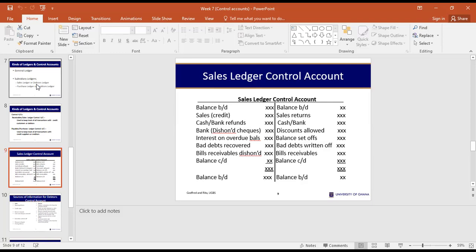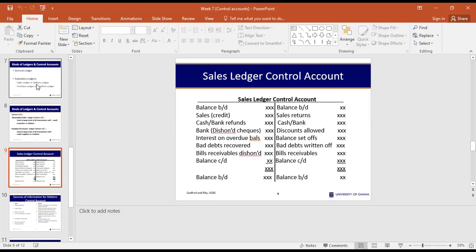But when you open a sales ledger control account, it's not like you open a sales account. The sales ledger control account is a debtors control account. Everything that increases debtors will come to the debit side, because debtors has a debit balance, and sales has a credit balance.